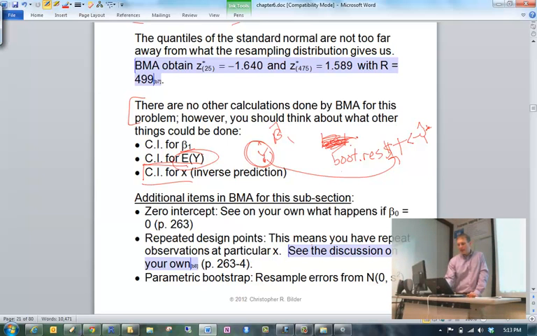How about a confidence interval for x? Do an inverse prediction. What would you do? You remember doing inverse prediction? Simply have your calc.t function return x hat.